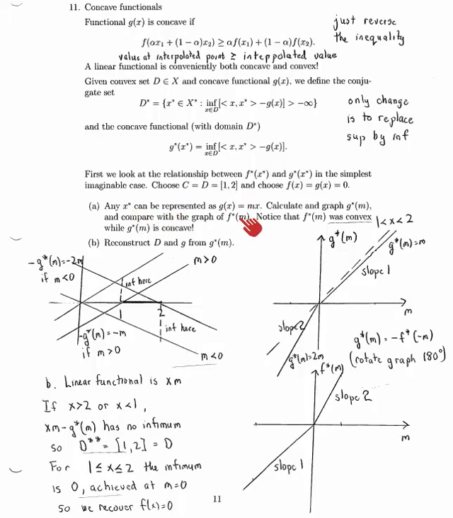So we've got an x star in the dual space, and that can be represented by some slope m times x. So what we want to do is graph the conjugate functional g star as a function of m.